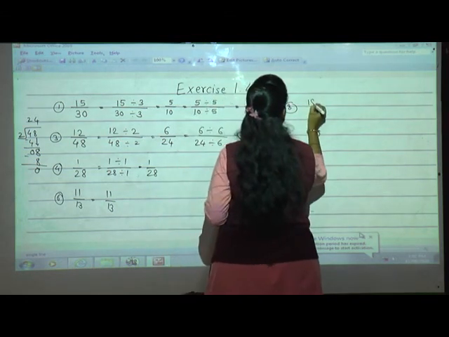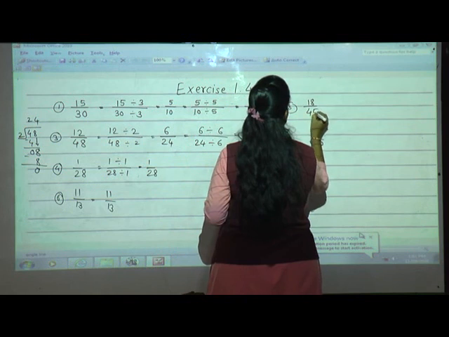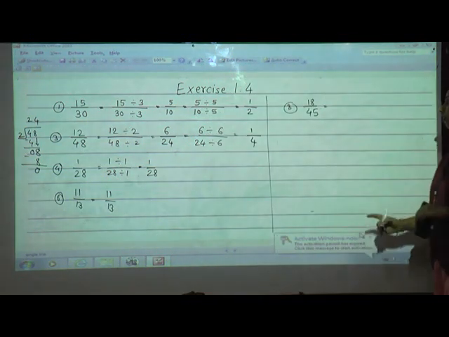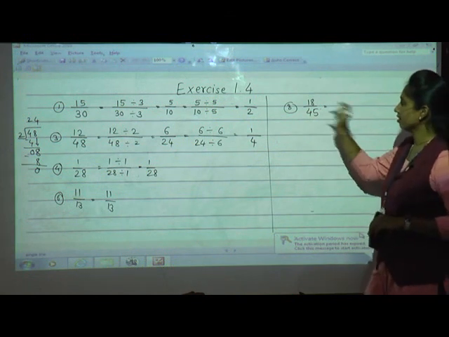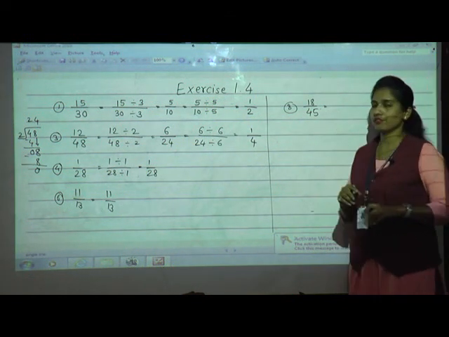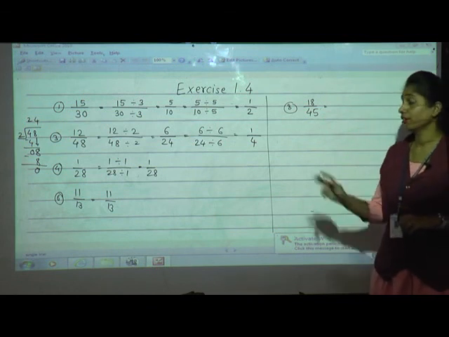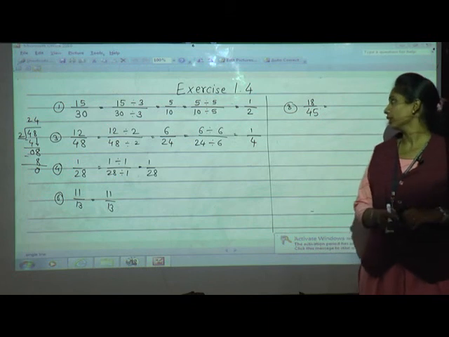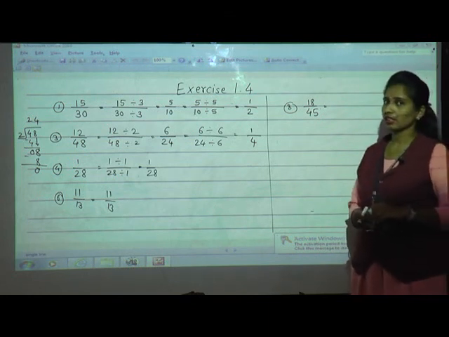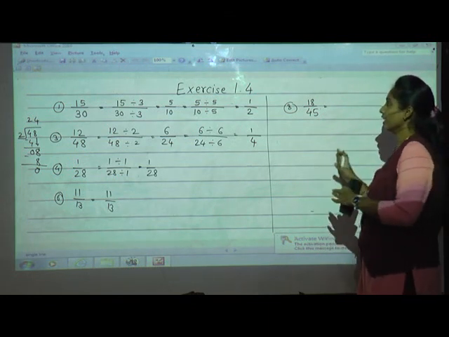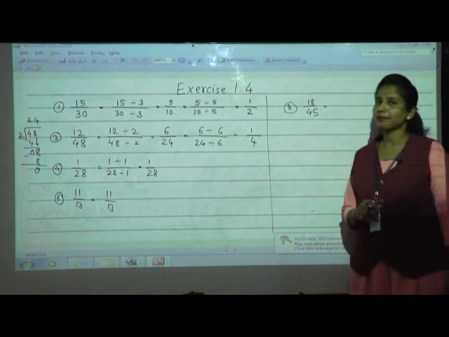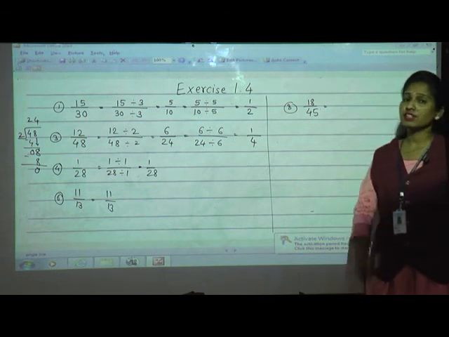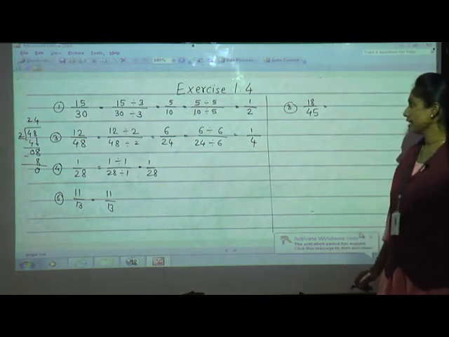Now I will solve the next, 8th one for you. What is the 8th one? 18 by 45. Now see, one is odd, one is even. Here is an odd number and here is an even number. Now 18 and 45. Now just think, in which table are these both numbers there? You can make it in a very short way. You can simplify this number if you know in which table both the numbers come. Yes, see.